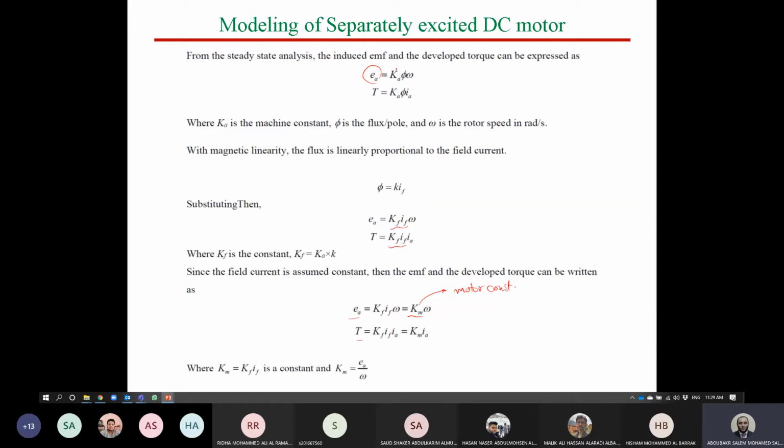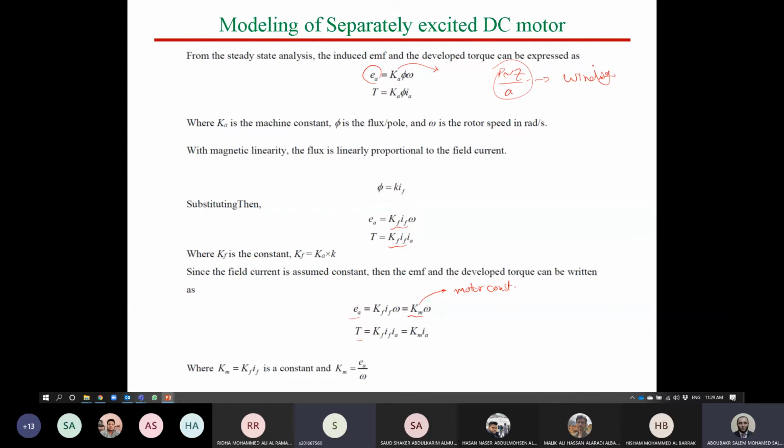By the way, what is Ka, guys, here? We have constant Ka. Do you know what is Ka? It depends on what? Do you remember that relation, guys? PNZ over A. Do you remember something like that? It's related to the A winding, right, guys? Winding of the machine.